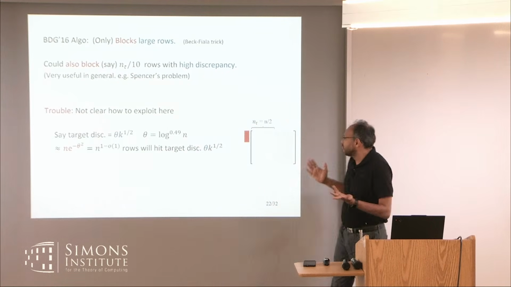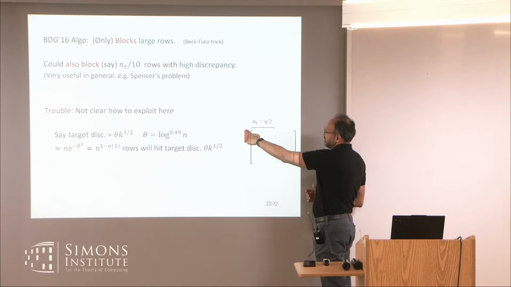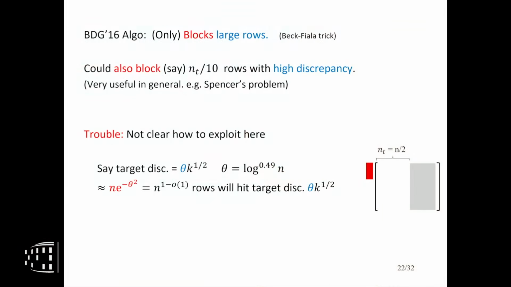So maybe what can happen is, as I'm coloring my elements, maybe I've colored half of them, but already a significant chunk has become dangerous. It's still n to the 1 minus little o(1), but they've all hit their discrepancy limit. You might say it's still good, it's not that many, I still have a lot of free variables, I'm not worried.